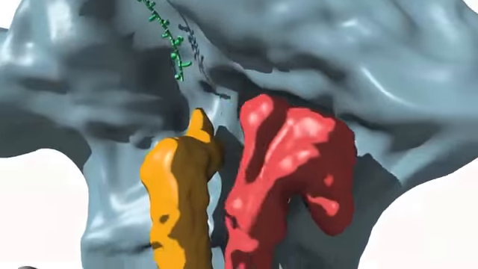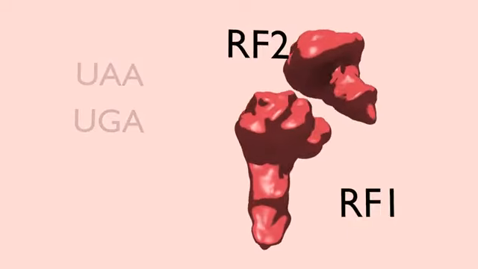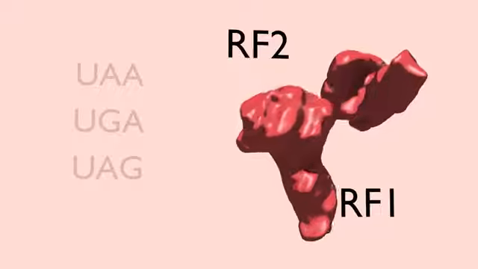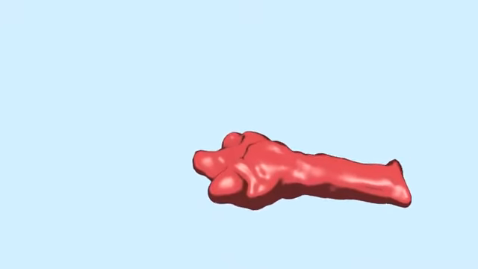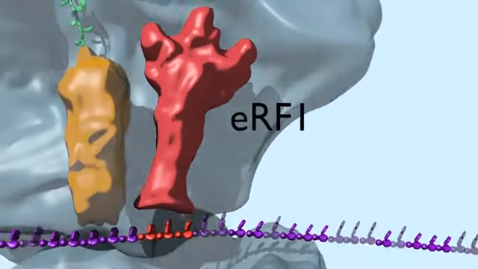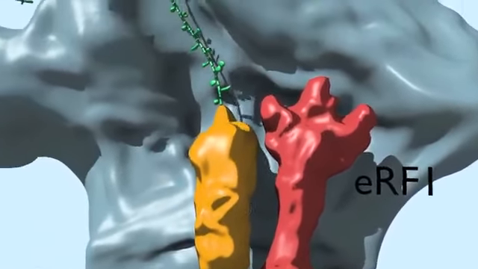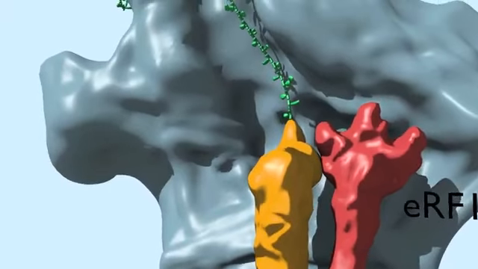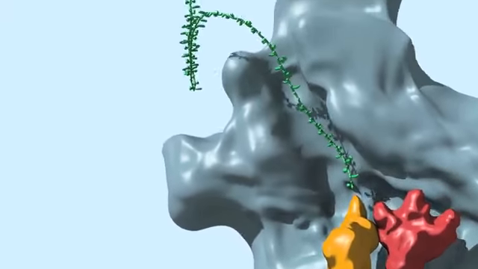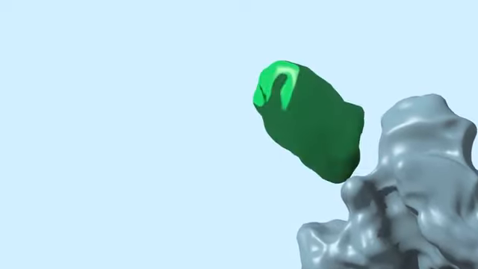In bacteria, there are two release factors, RF1 and RF2, that recognize the three stop codons, UAA, UGA, and UAG, with overlapping specificity. In eukaryotes, there is a single factor, ERF1, that recognizes all three stop codons. The reaction that is catalyzed is a hydrolytic one, wherein the growing polypeptide is released from the peptidyl tRNA, resulting in the termination of protein synthesis.